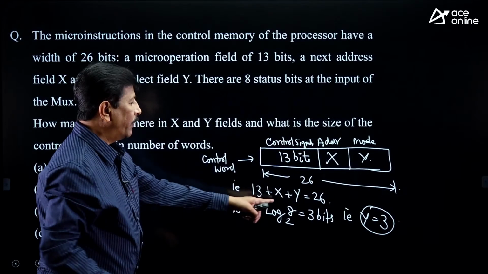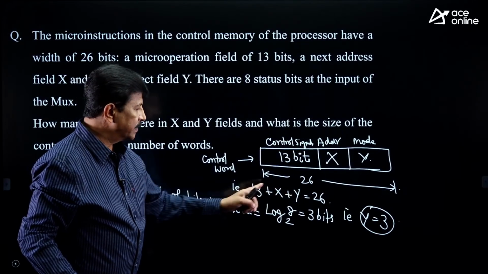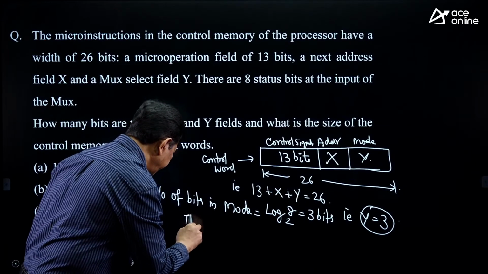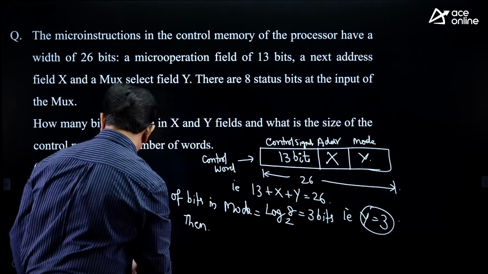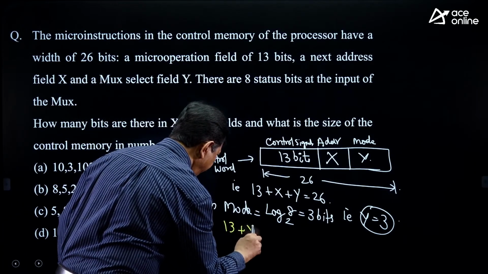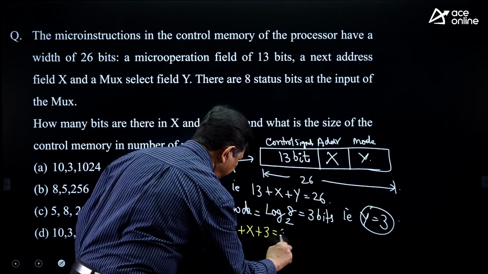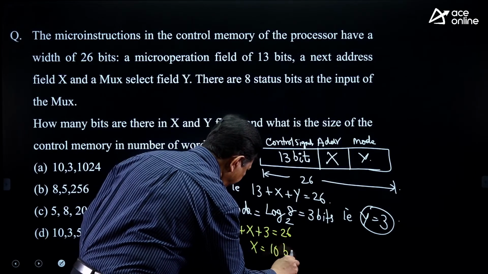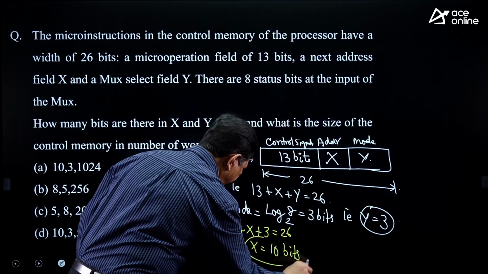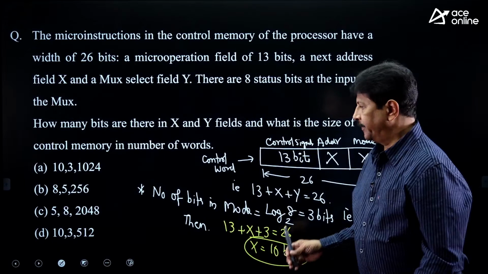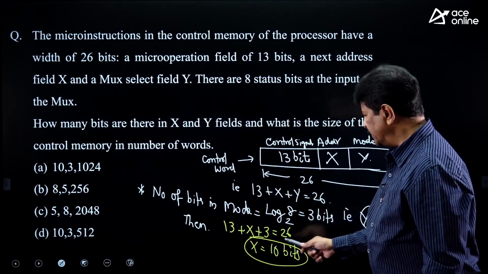So Y is calculated as 3 bits. So 13 plus X plus 3 equal to 26. That's it. So the Y field is going to contain 3 bits and the X field is going to have 10 bits.